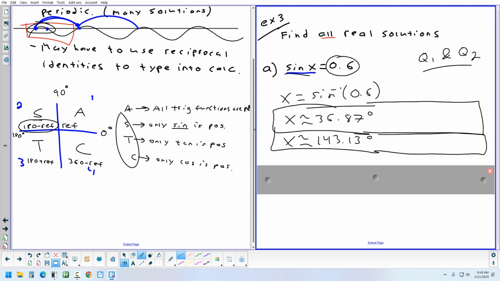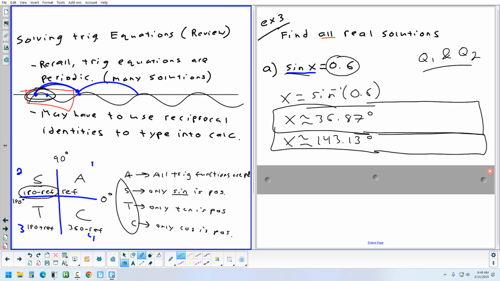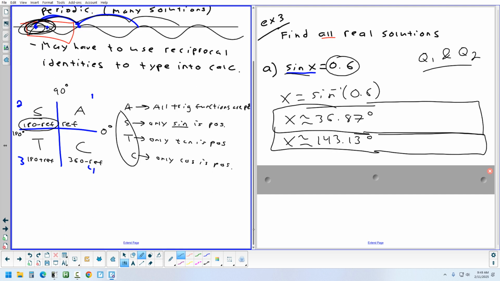Now, I want to represent those 2 answers repeating. So what do I need to add on to the end of each one of those answers? Plus 2 pi and then whatever variable we want, like k. We usually use n or k.